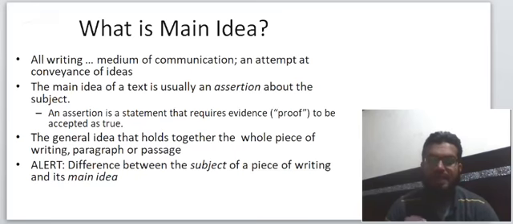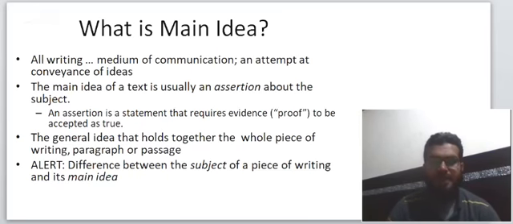So whenever you make a claim about a piece of writing, you need evidence to support your stance, your viewpoint. So this is what we call assertion, that you assert, you claim, you opine, you argue that this is what the text means. And obviously, in order to convince the other person and validate your viewpoint, you need to have evidence.